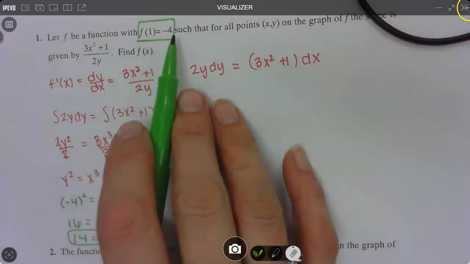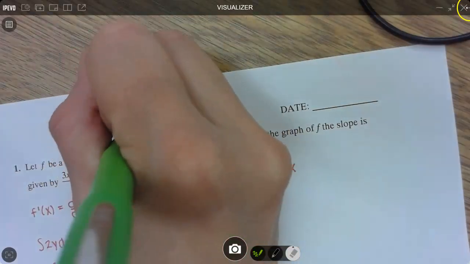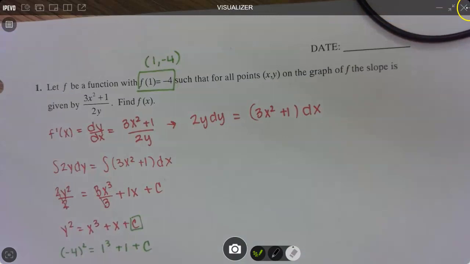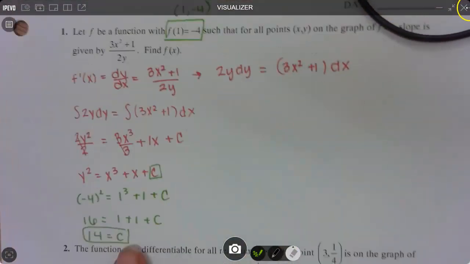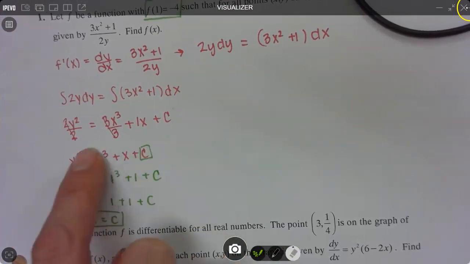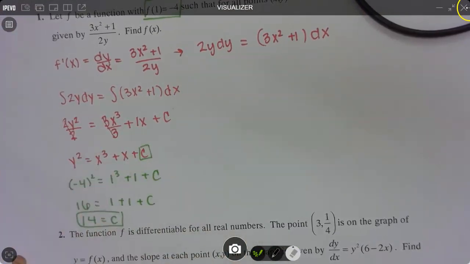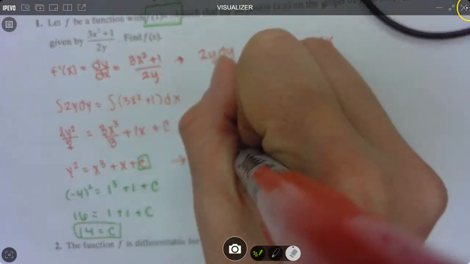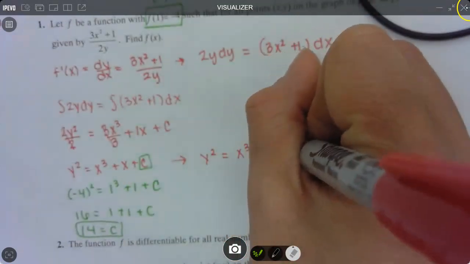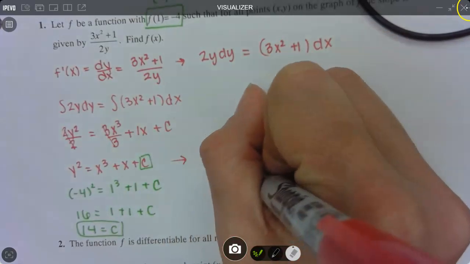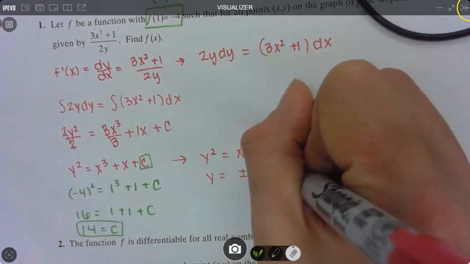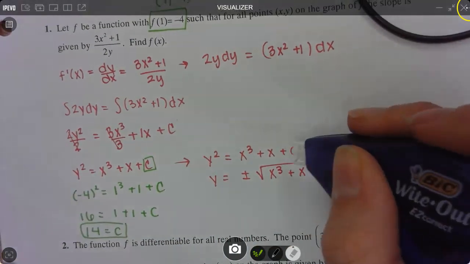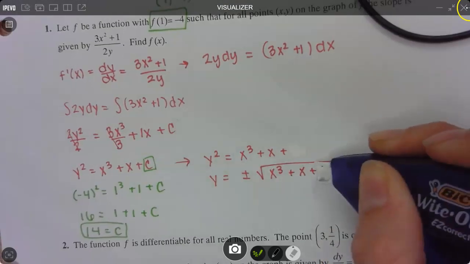Taking into account that this point right here is (1, -4), that's going to determine what y value I use now that I plug in my c. All my c's are now 14.